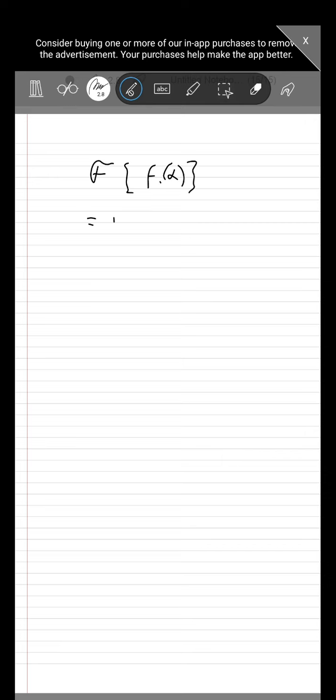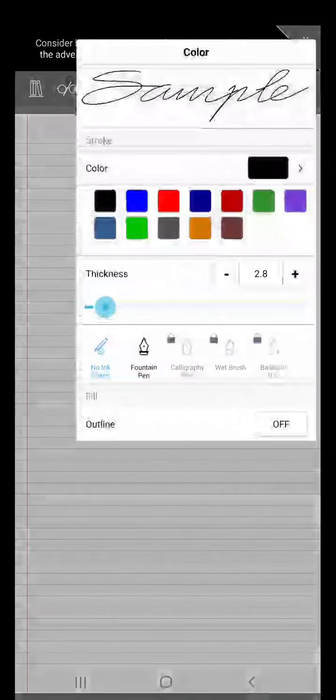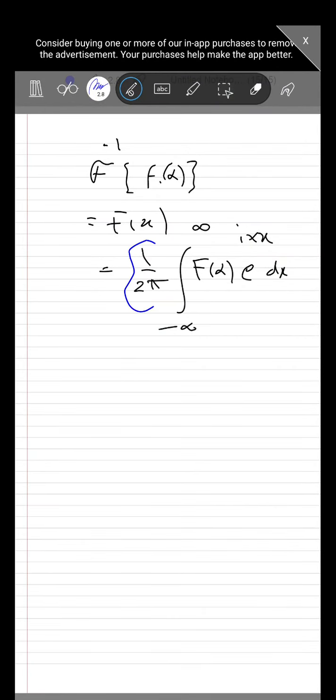It is equal to f(x), and it is equal to 1 by 2 pi times the integral from minus infinity to infinity of F(alpha) e to the power i alpha x d alpha. There are two things which need to be seen. In the inverse Fourier transform, the differences that we observe are, first of all, the addition of this 1 by 2 pi and the change of sign.